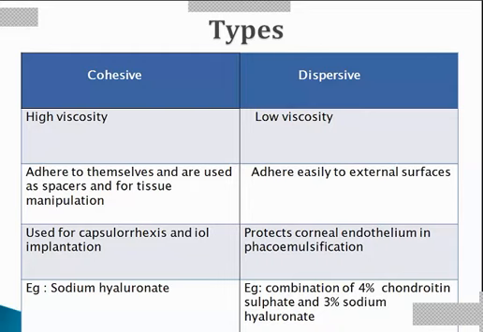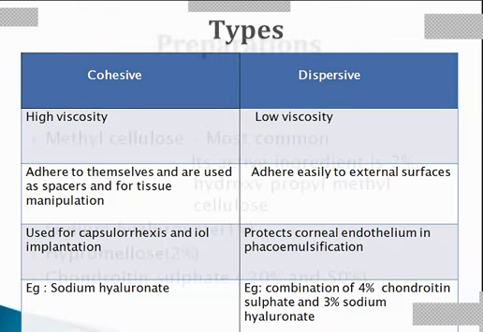And the dispersive one. What is the dispersive one? It is a low viscosity substance. It adheres easily to external surfaces and protects corneal endothelium in phacoemulsification. It is a combination of chondroitin sulfate 4% and 3% sodium hyaluronate, whereas cohesive is only sodium hyaluronate. These two types are used as corneal and intraocular viscoelastic substances.